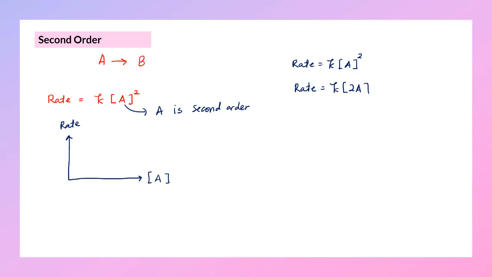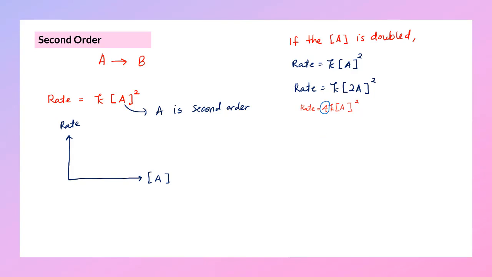So rate equals 2 to the power of 2, which is 4, times k times concentration of A power of 2. So if the concentration of A is doubled, you can see here the rate increases 4 times.